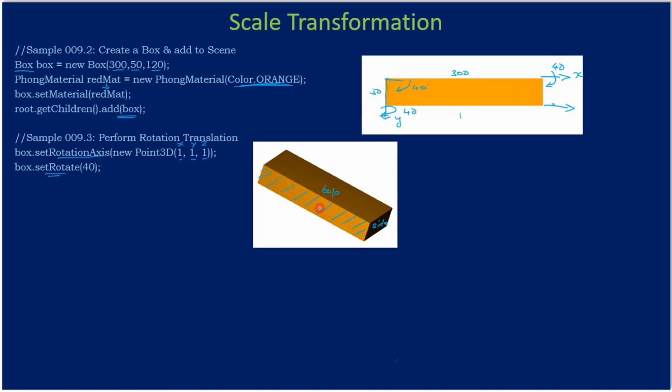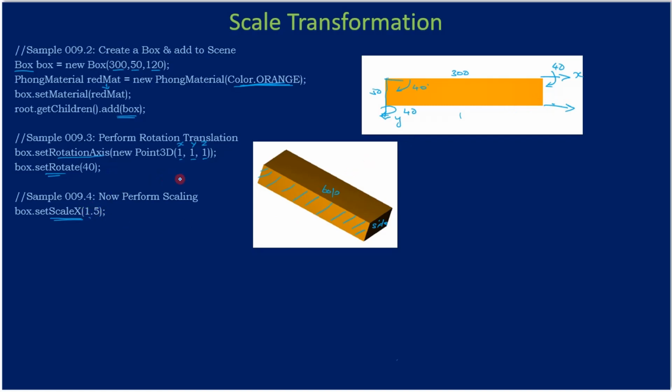This will help in scaling the object and see how it is magnifying. So box dot set scale 1.5. So along the X direction, we are making the coordinate shift.